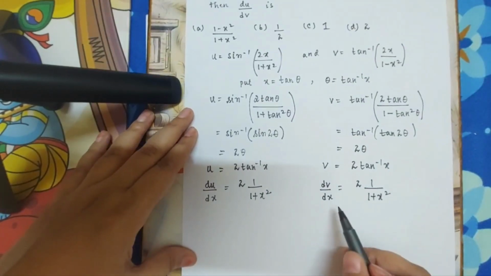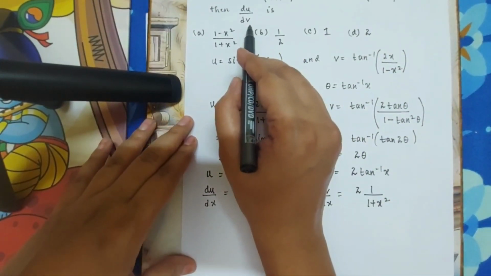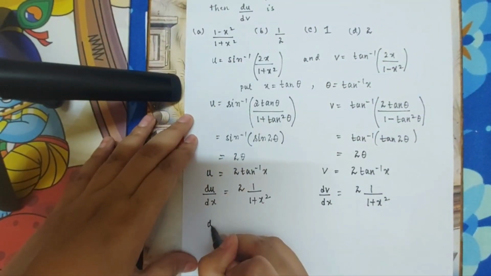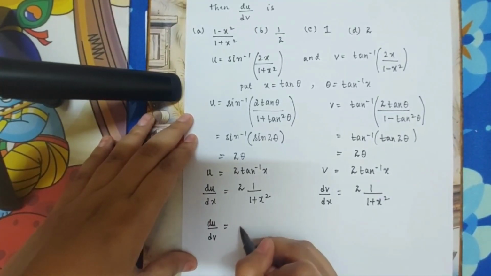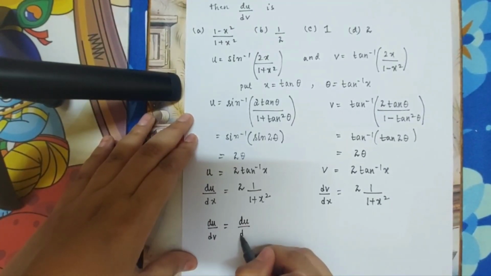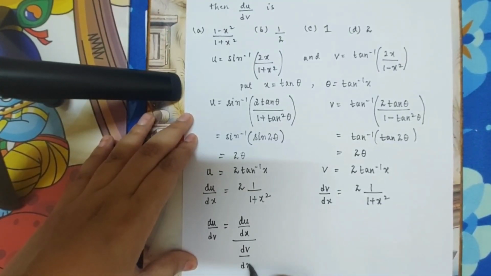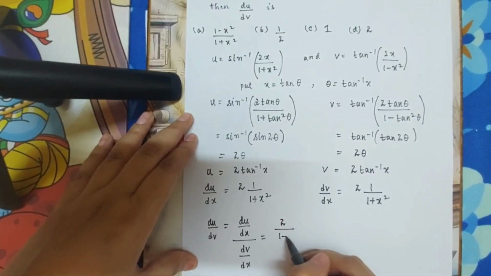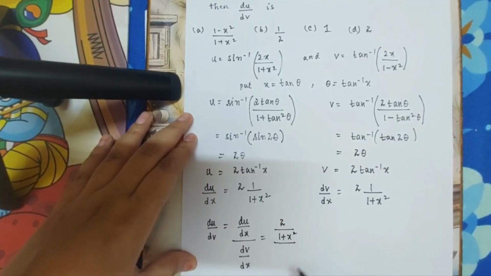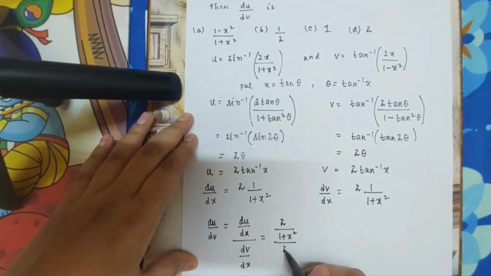So what we want is du by dv. So du by dv will be equal to du by dx divided by dv by dx. So du by dx is 2 divided by 1 plus x square. dv by dx is also 2 divided by 1 plus x square.